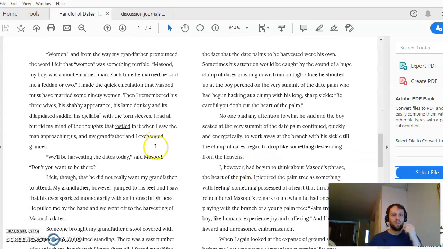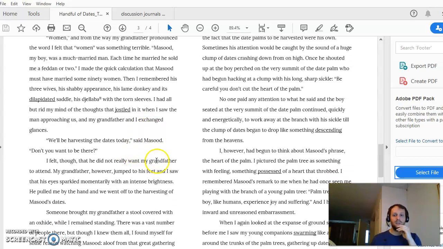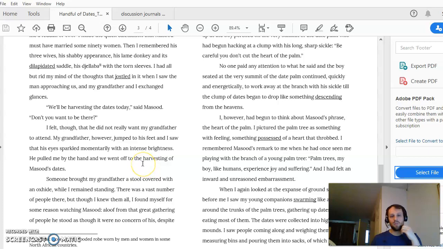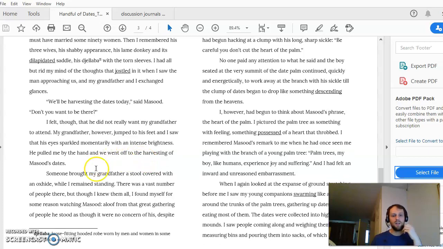So we can look at what the grandfather says, the grandfather's descriptions of Masood, and then we can also look at how the grandfather behaves during the date harvest. And we can see that, in the first part, I mentioned that the narrator describes the grandfather as being tall, very tall.